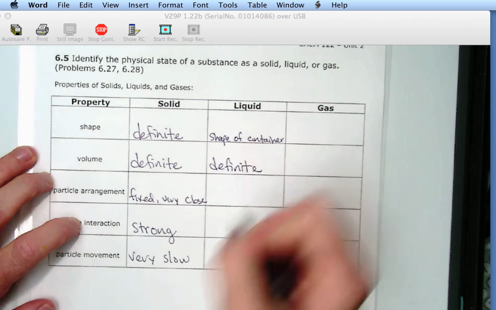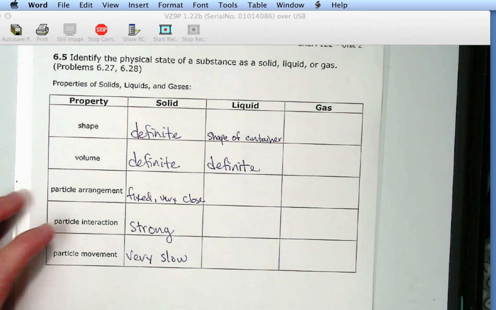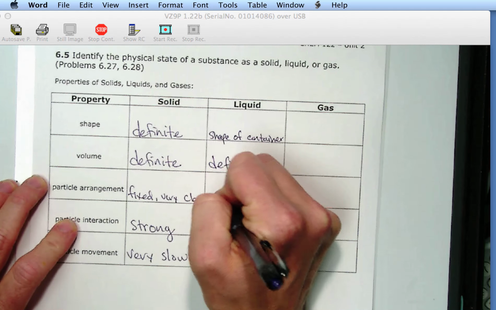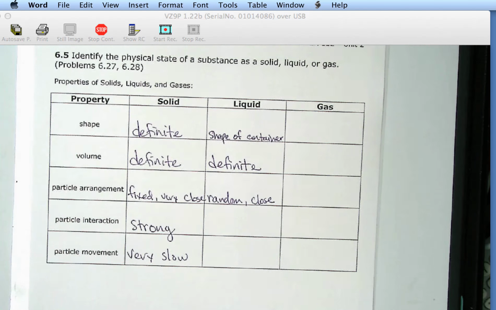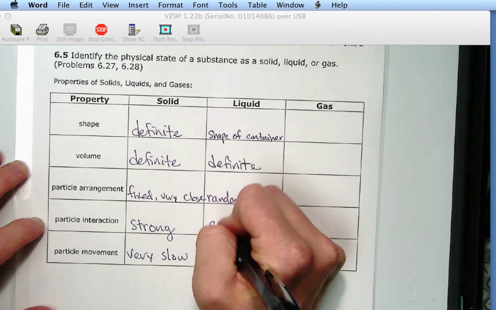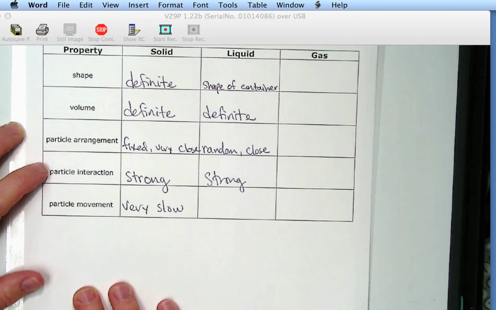Or when you buy your 2 liter of soda product, definitely has volume. The particle arrangement in a liquid is random and close, not very close like a solid. The particle interaction is strong. The particle movement is moderate.